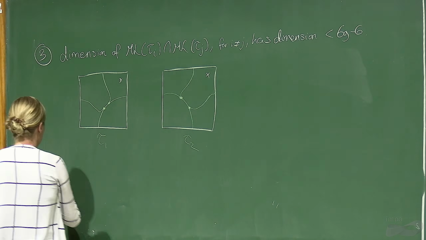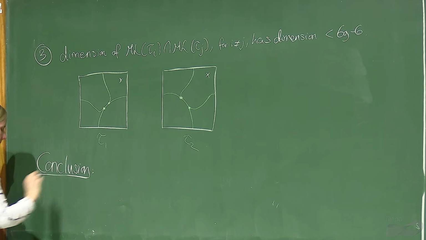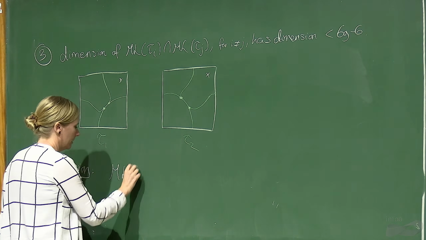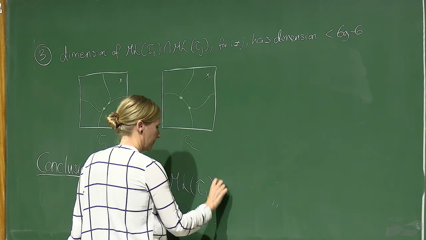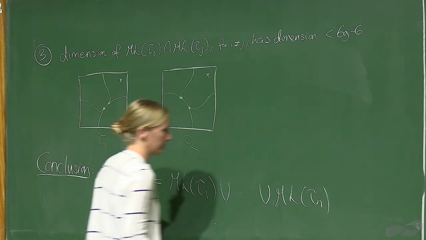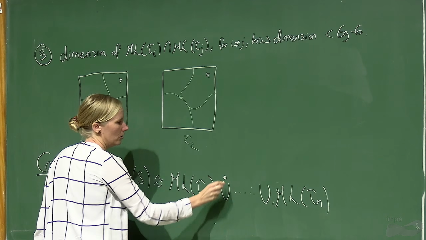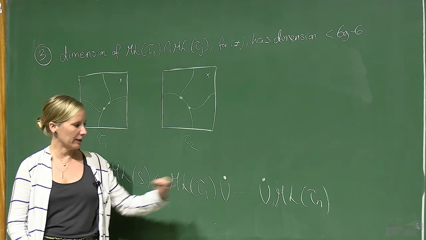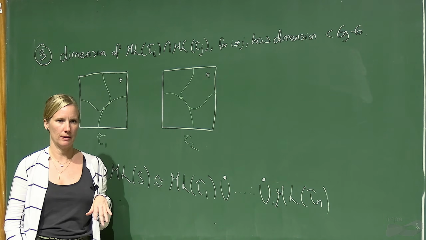So what we get from this, the conclusion, if you believe these arguments, is that ML of S, which we wrote as a union of these finitely many train tracks, the ones carried on finitely many, I can ignore all that are carried by two train tracks, and I can view it as a disjoint union of this.